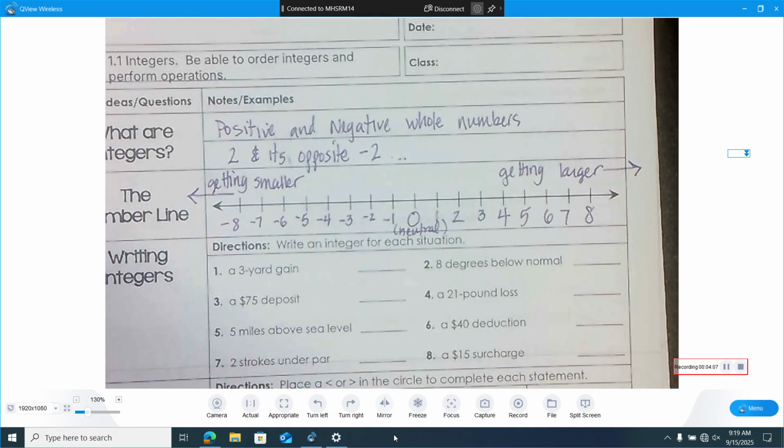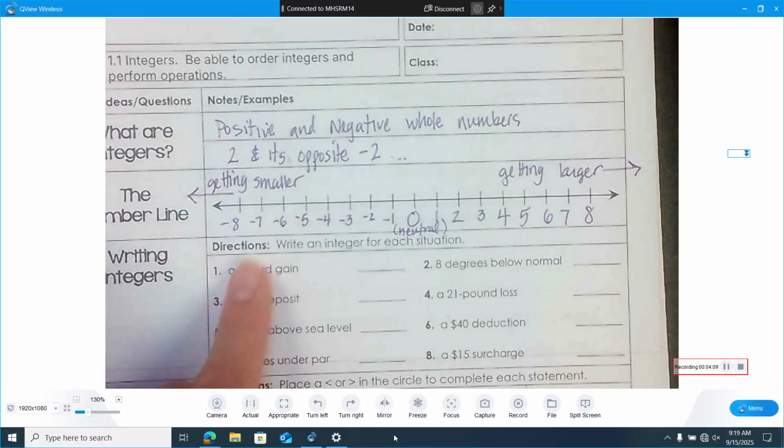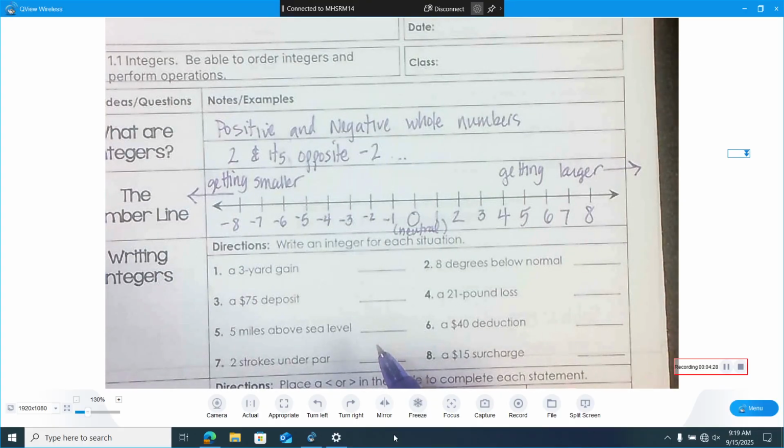Why is negative 8 smaller? More negative. That's right. It's to the left. That's what I like to think. We put all the littler values to the left side. Okay? So things that are to the left are definitely smaller than things to the right.